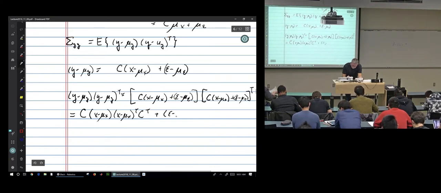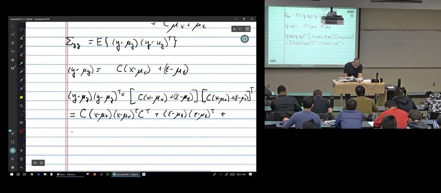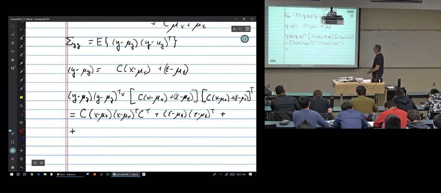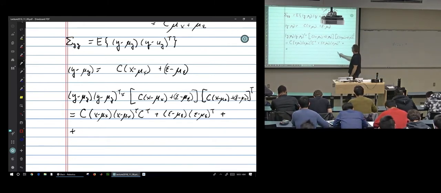So we have epsilon minus mu epsilon times epsilon minus mu epsilon transpose. Then we have this term times this thing transposed, and this term times this one transposed.